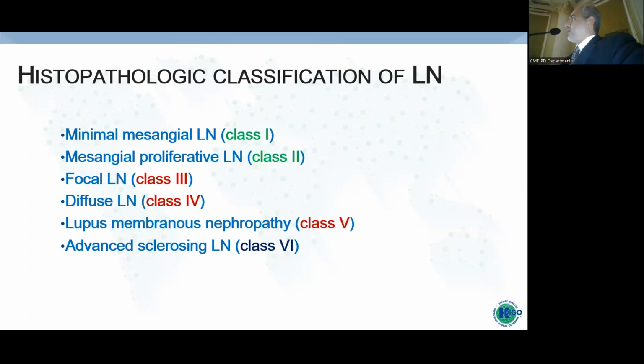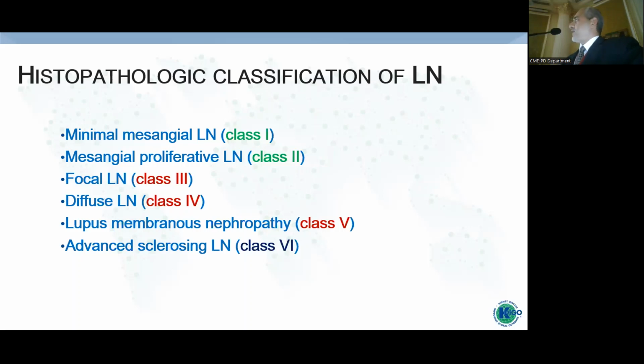While the most aggressive and worst prognosis is focal lupus nephritis as class 3, diffuse proliferative lupus nephritis as class 4, and lupus membranous nephropathy as class 5. These three classes are the most dangerous and need early intervention and rapid aggressive treatment.